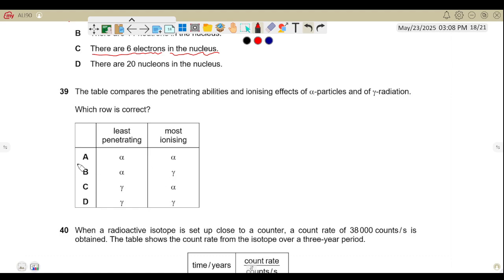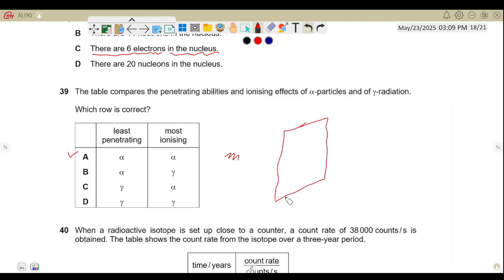For our case here, A is the answer, because alpha particles just need a simple paper to be stopped, and because they have a great mass, that makes them able to ionize other elements when they collide with other particles.